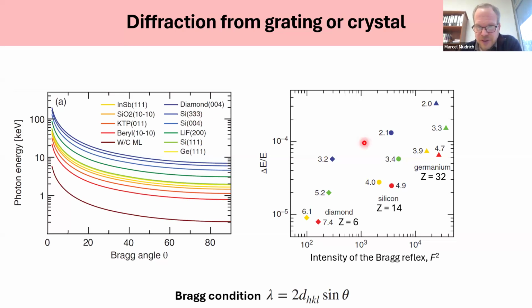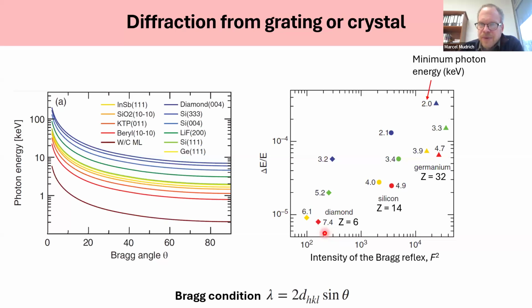Although, I mean, you can see here on the right-hand side, this is a plot that shows the intensity of the Bragg reflected peaks. And there you can see that silicon actually doesn't have the highest intensity. Germanium produces more intense Bragg peaks. Diamond Bragg peaks are even less intense.